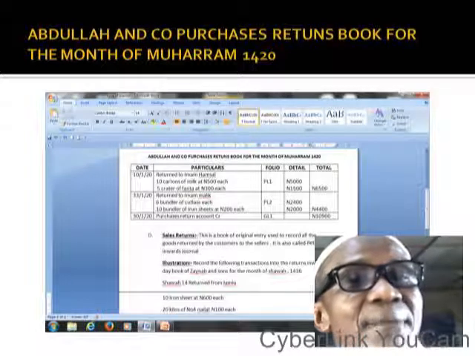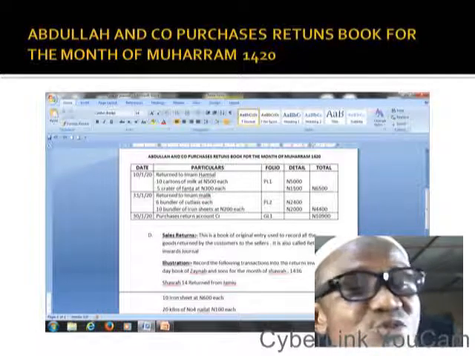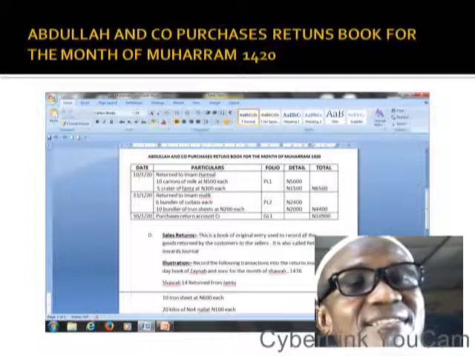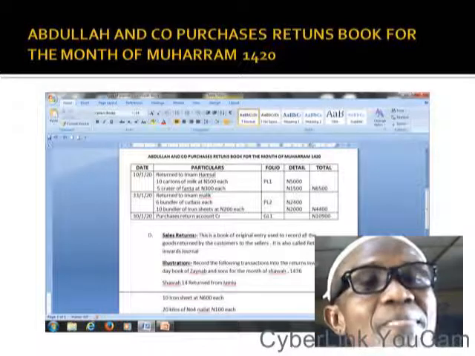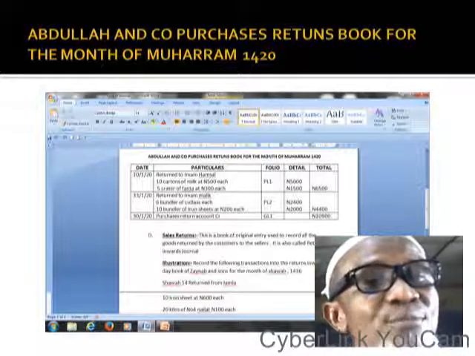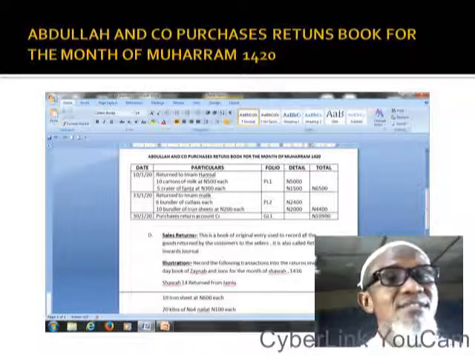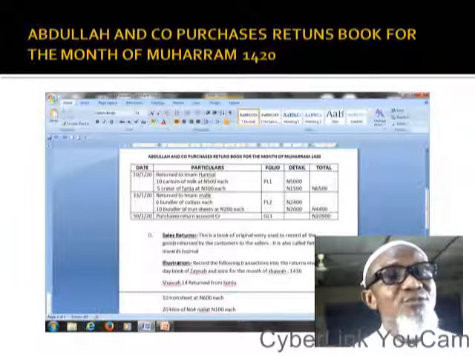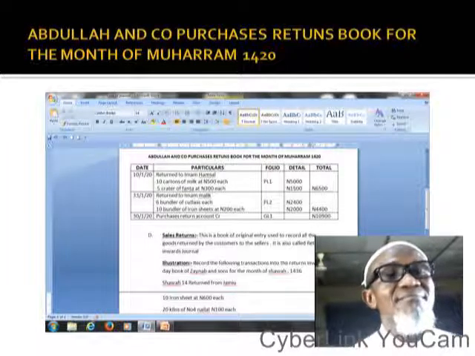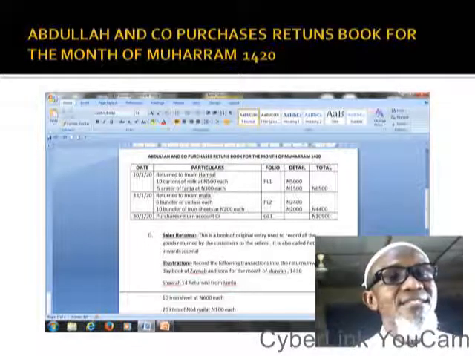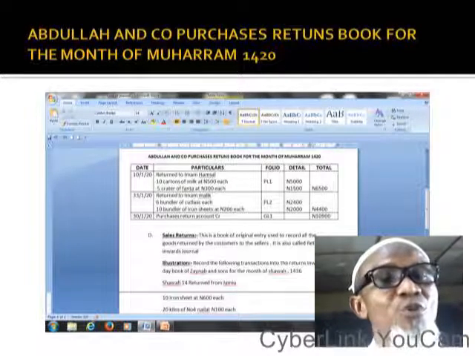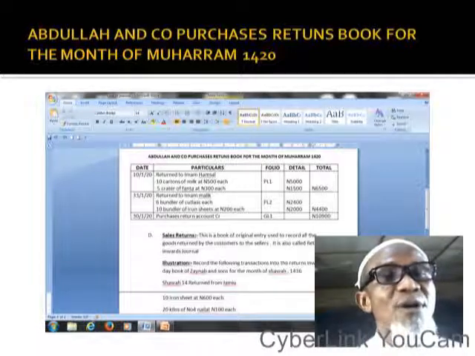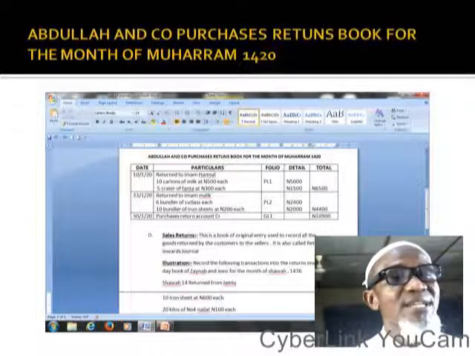By the time you prepare it, it will show those details: the date column, the purchases column, then the folio column, then the details, then the total amount. In total, you have 5 columns. Column number 1 will have your date, when that incident occurred.